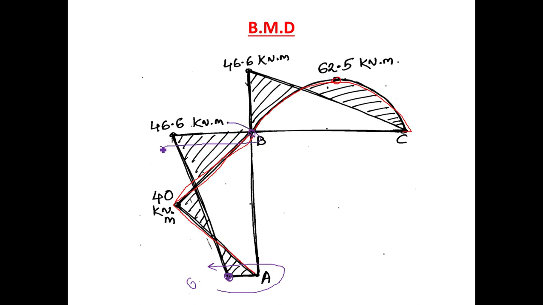Clockwise means you should plot it towards the left again. This is 46.6. And MBC is anti-clockwise 46.6, so it will be upward. So plot upward above the reference line, and MCB is equal to 0, we know that. So if we join all these with straight lines, okay, join these negative points with straight lines, this is the bending moment diagram for the given portal frame.